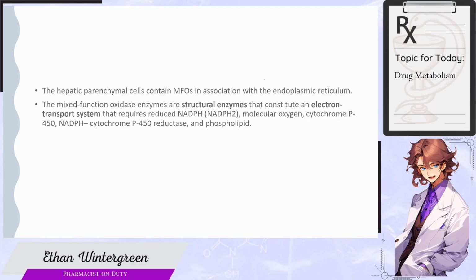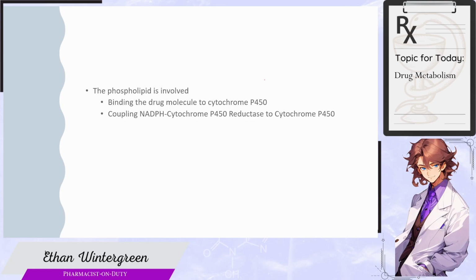The hepatic parenchymal cells contain these mixed function oxidases, and they are structural enzymes, which means they are already part of the liver, and they constitute an electron transport system that requires reduced NADPH, molecular oxygen, cytochrome P450, NADPH cytochrome P450 reductase, and also phospholipids.